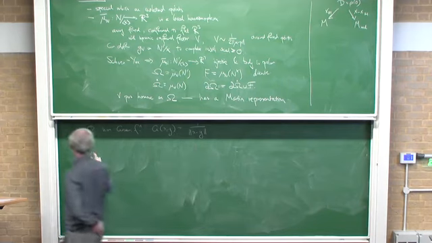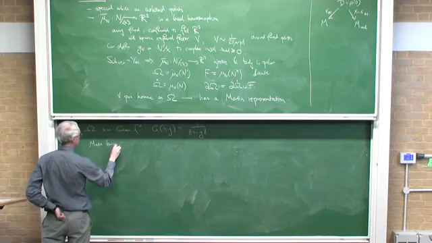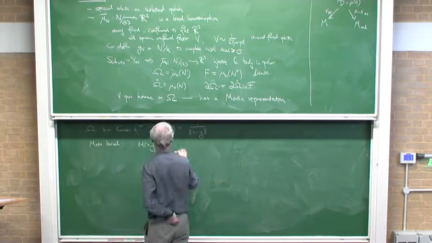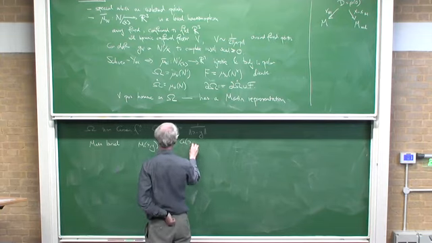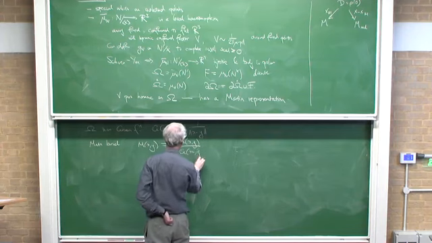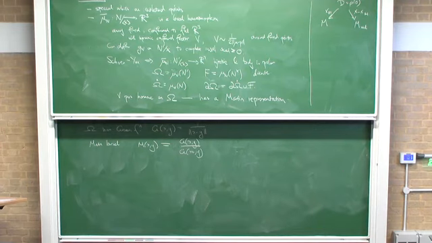Then you write down the Martin kernel. You choose some base point x0 in your space, and you look at the ratio of Green's functions at an arbitrary point and x0.